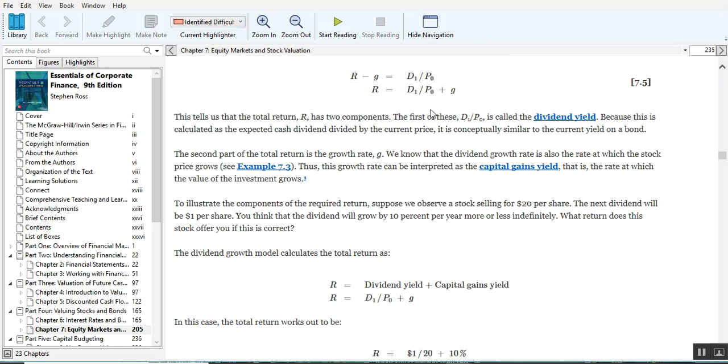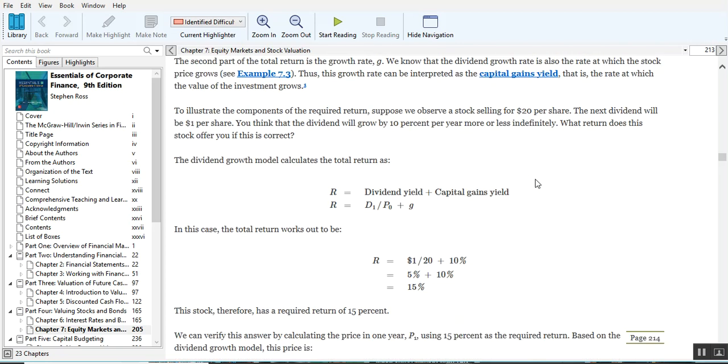So that's going to be the change, the percentage that you see. It's not going to be a dollar amount. The capital gains yield is going to be a percentage. So here what we're looking at is a dividend rate. In the example they give you, a $1 dividend at 20%, a 20% capital gain yield. What that means is you've gained $20 capital gain yield. That's what it is.